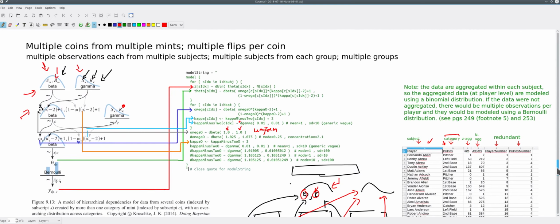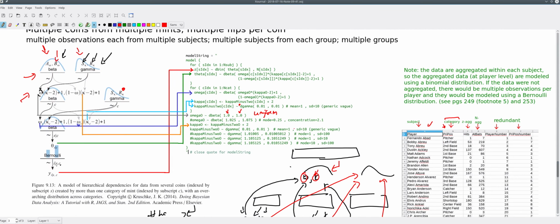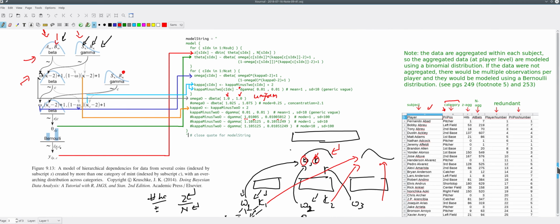So we are going to plug in the values of mean equals 1, standard deviation equals 10. So mean value, this is considered to be a generic vague distribution. So we are using those, and we are obtaining these values, and we are plugging them in. Okay, so that is our model.